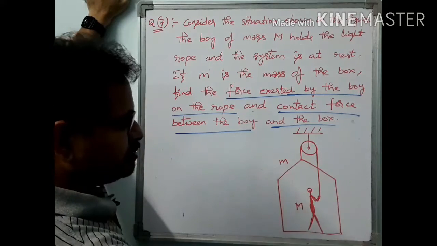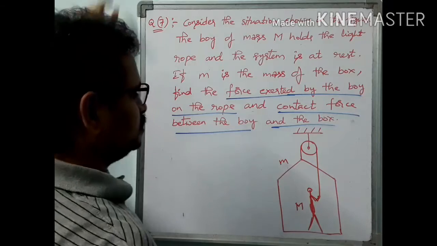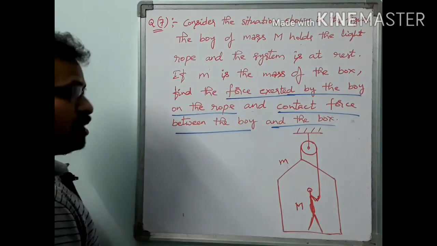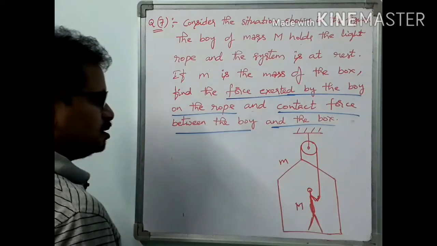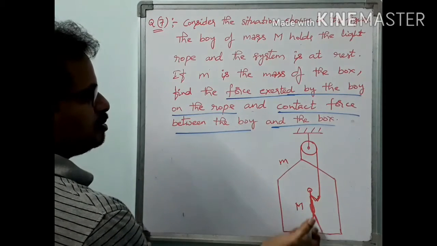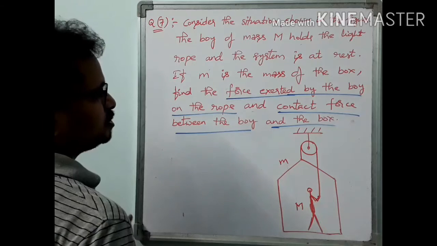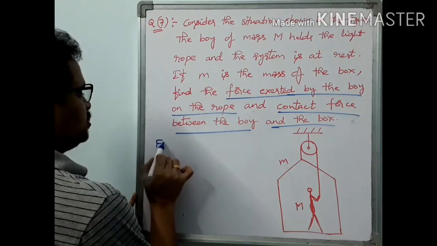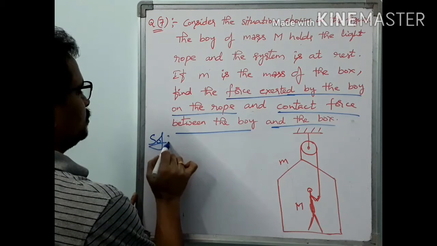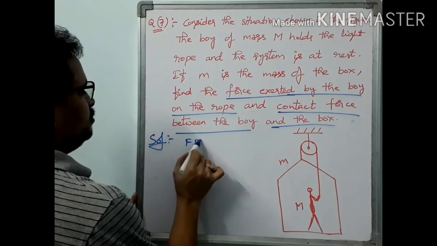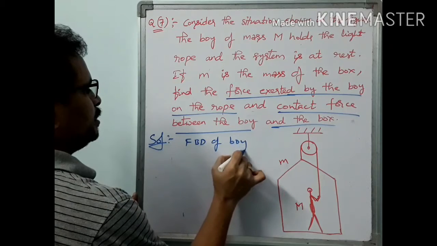Since this entire thing is at rest, there is no acceleration here. The boy is at rest, the box is at rest. So to find the forces, the normal contact force as well as the tension force, let us take FBD of the boy.